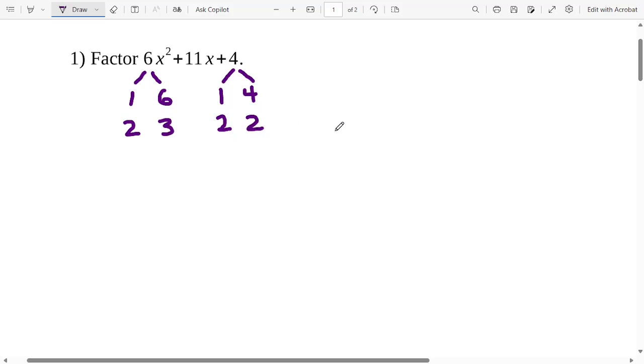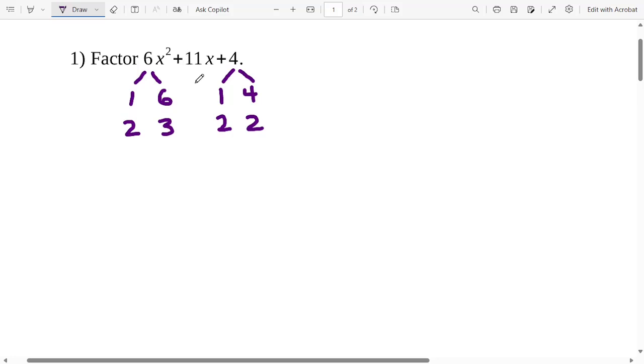Now, what I'm aiming to do is pick one of these pairs from here and multiply one number from the pair by another number of a pair here, and then take the other number and multiply it by another number, and have those products add to 11, okay?